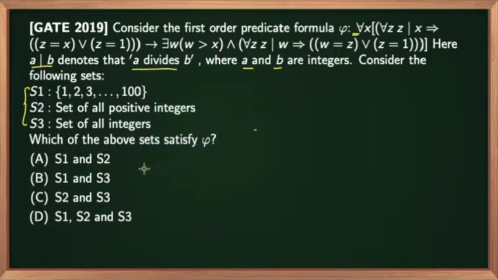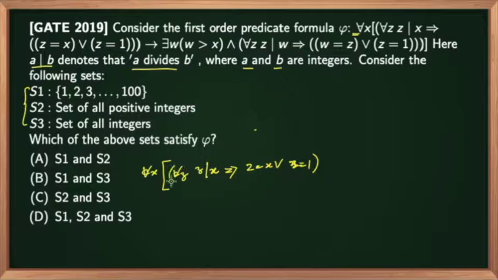Now let's see the formula. It says for all x, then the bracket starts. You have for all z, z divides x implies z equal to x or z equal to 1, right?